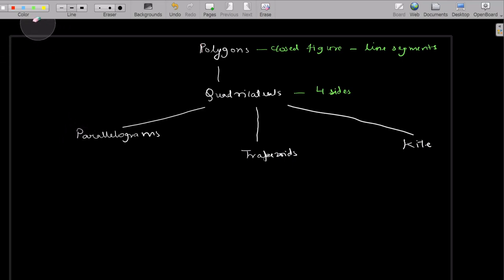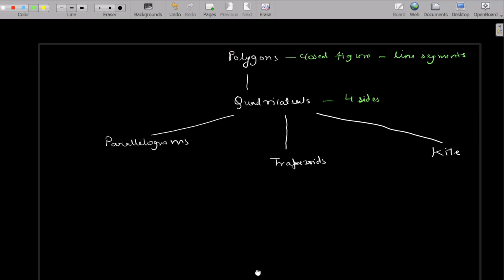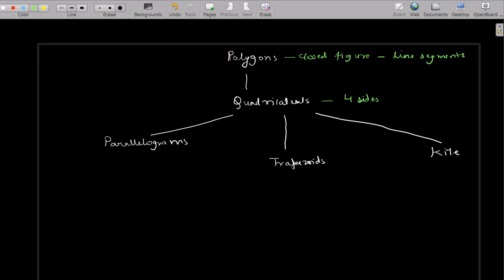See, first we should understand the meaning of parallelogram. A parallelogram is a closed figure in which there are two pairs of parallel sides. I'm going to write that here: two pairs of parallel sides.